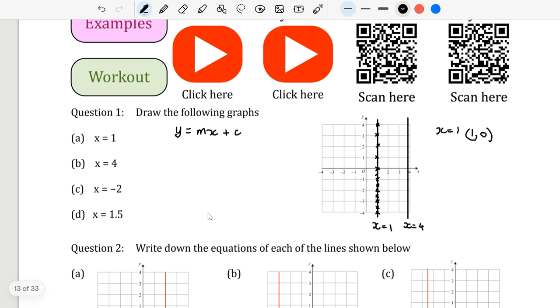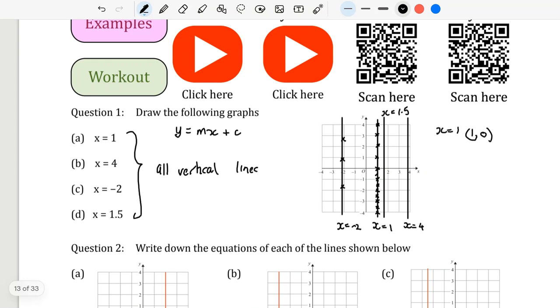So you can probably finish the other 2 lines off. We've plotted them all in, like x equals -2. Every coordinate on that line, it doesn't matter what the y coordinate is. That's why there's no reference to y in this equation. But all of them are vertical lines.